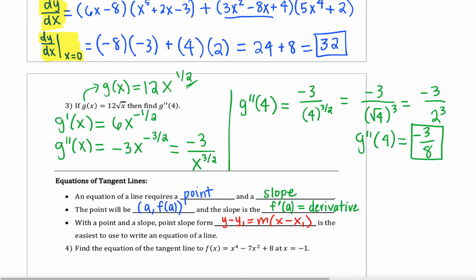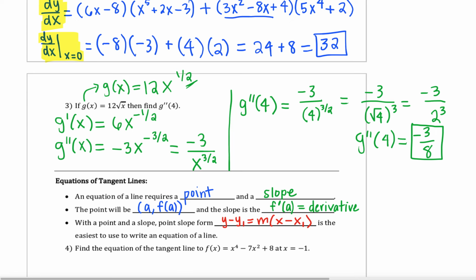So to recall a few things, if I want an equation of a line, this would require us to have a point and to have a slope. Now our point is going to be the coordinate pair a comma f of a that we're finding this tangent line at, and the slope is ultimately our derivative, or f prime of a specifically, because I want the slope at that specific instance in time.